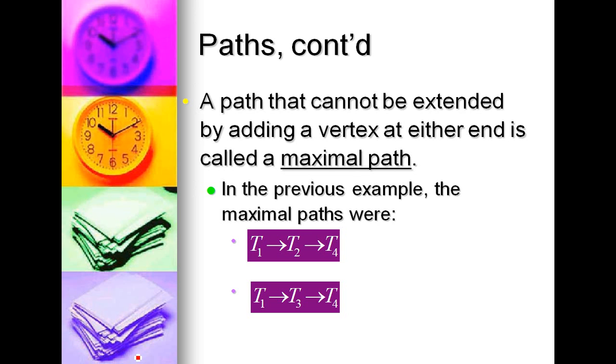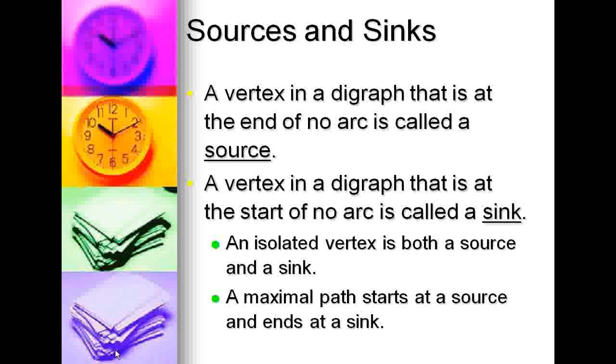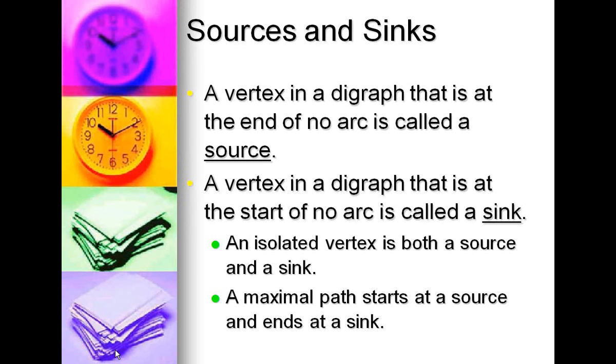So vertices that you don't have anything that can come before them are called sources. Sources are the beginning of a graph. You don't have anything that's feeding into a source. Now a sink is at the end of the graph. You don't have anything that is coming out of a sink. Now an important thing is that an isolated vertex is both a source and a sink, because it doesn't have anything feeding into it, it doesn't have anything leading out of it.